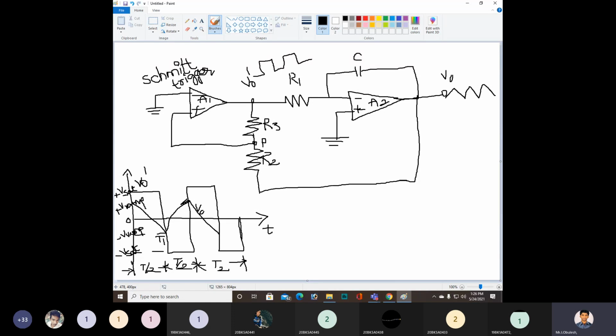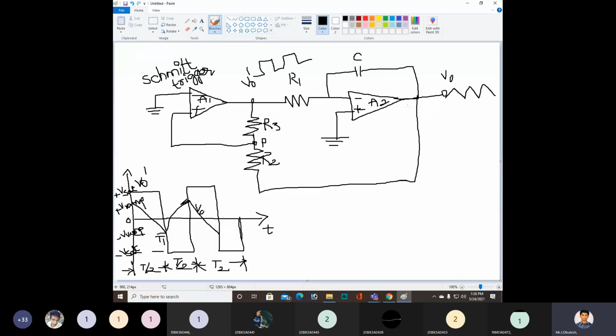Don't get confused, I am saying all these statements from the diagram only. Here the output of A2 is a negative going ramp.